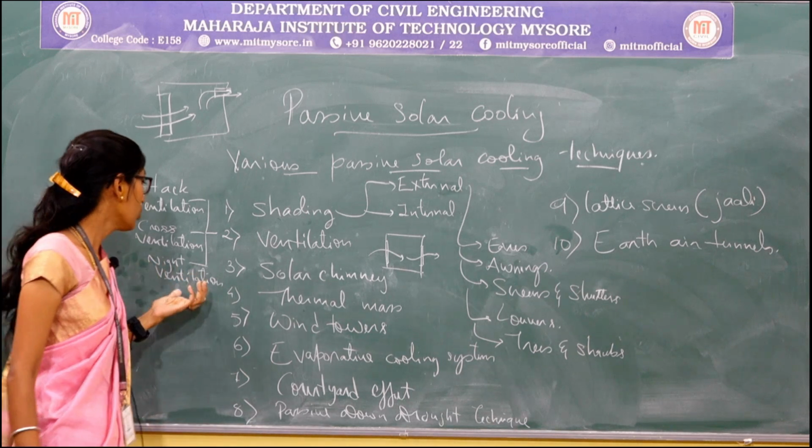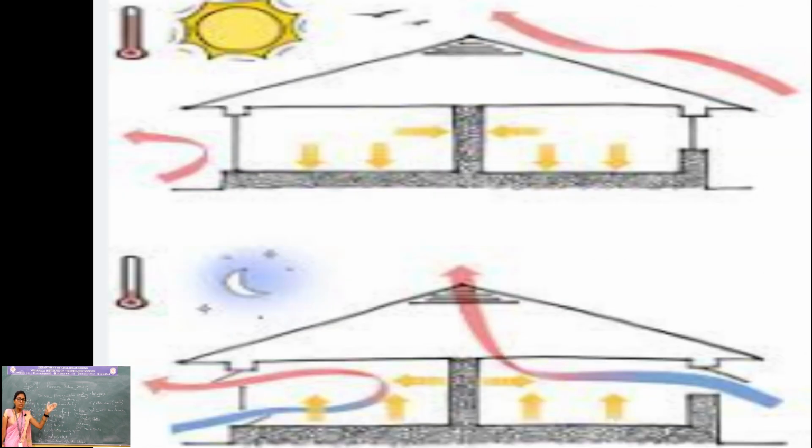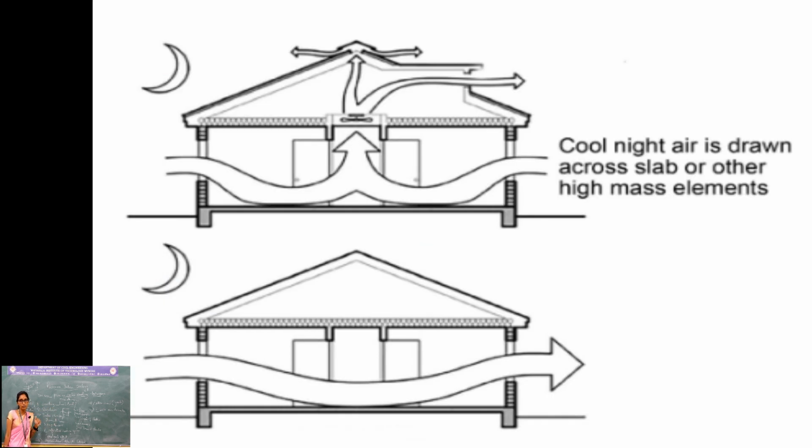So this is how the night ventilation works, and you can see the image which is popping up there, showing how the night ventilation takes place and how the wind movement, or the air movement, happens in daytime and night time, right.